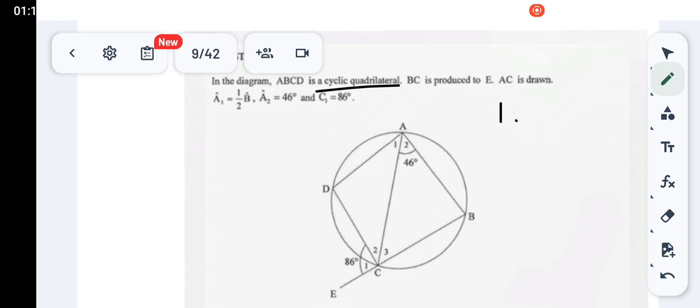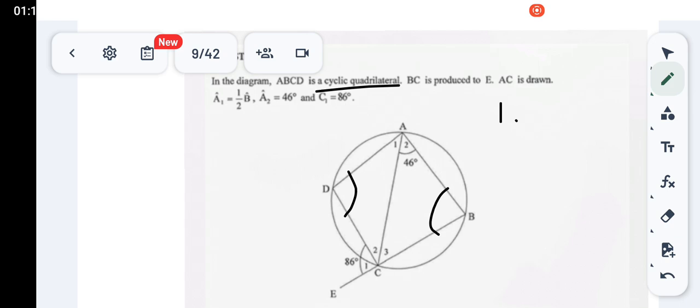Angle A, the whole angle A, that is A1 and A2, plus angle C, C2 and C3 in this case, is equal to 180 degrees. Why? Because of the theorem that says opposite angles of a cyclic quadrilateral are supplementary. Again, angle D plus angle B is equal to 180 degrees.